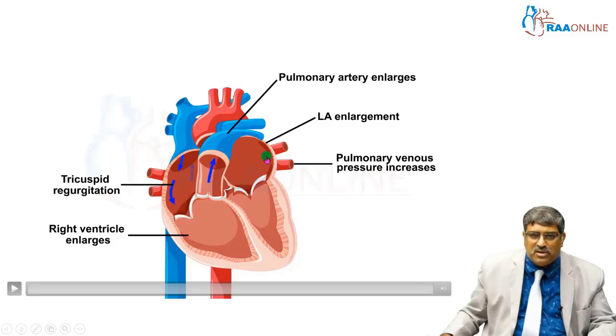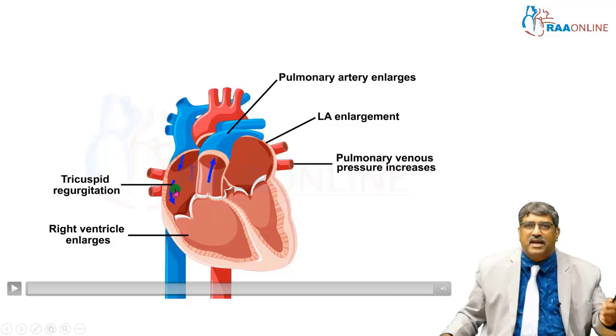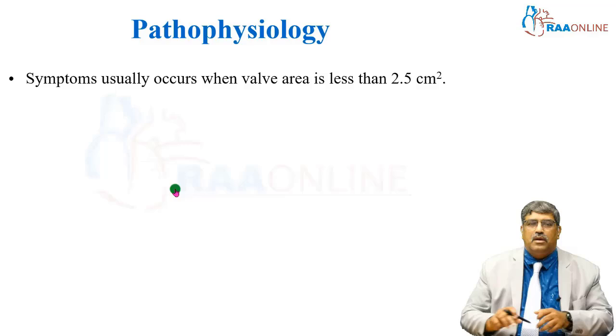So, there is stenosis, left atrium enlarges, which reflects back on the pulmonary venous, and this pulmonary venous reflects back on the pulmonary artery, which causes right ventricular enlargement. As your right ventricular enlargement happens, there is some amount of blood which regurgitates from the right ventricle to the right atrium, which is recorded as tricuspid regurgitation.